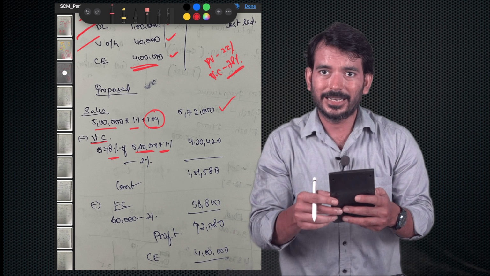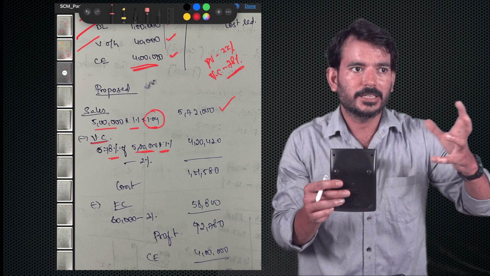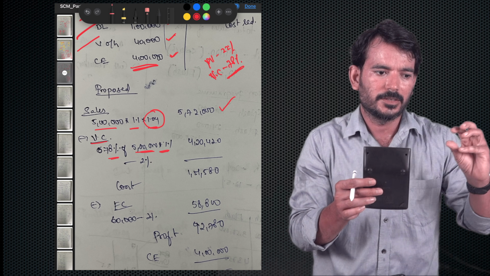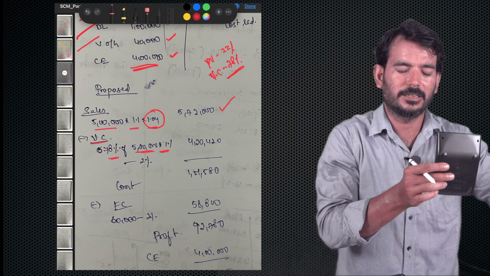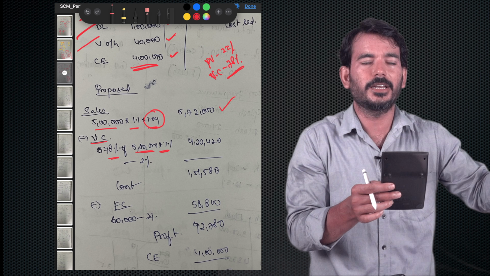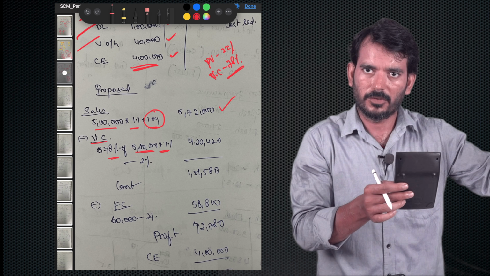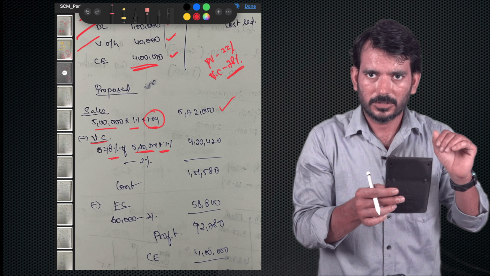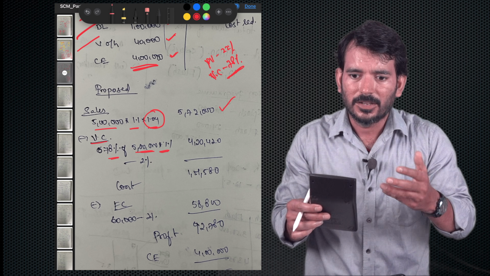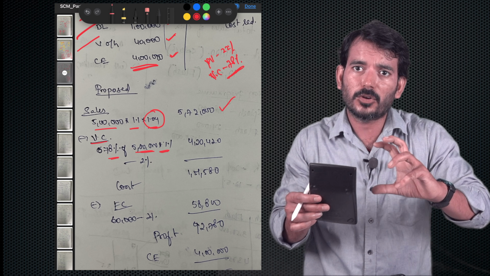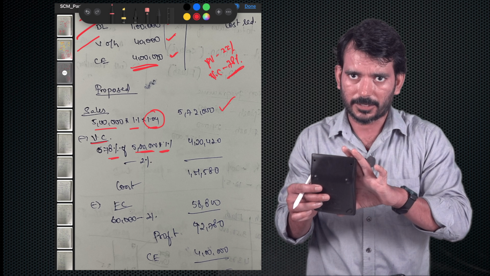See, now I am selling this product at 100. Next year I will sell the product at 100 multiplied by 1.04. So I will sell this product next year at 104 rupees. So does it mean that the number has increased? When the number has not increased, why should I increase the variable cost for this particular product?